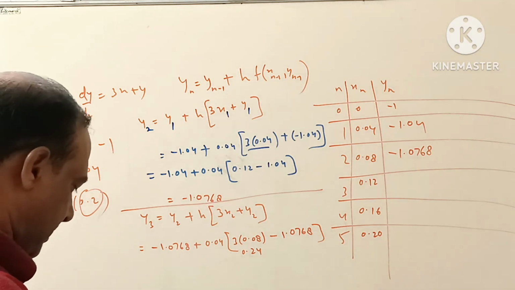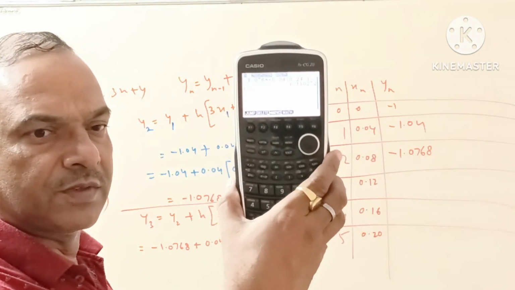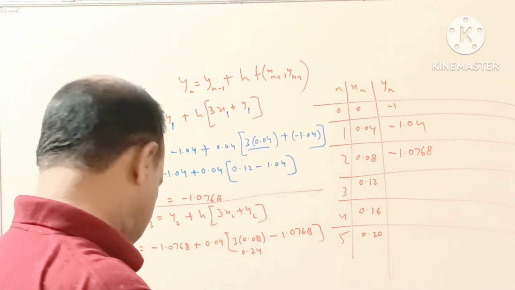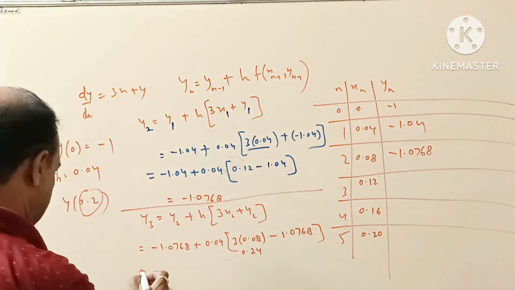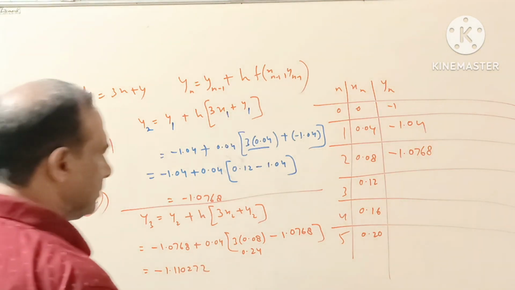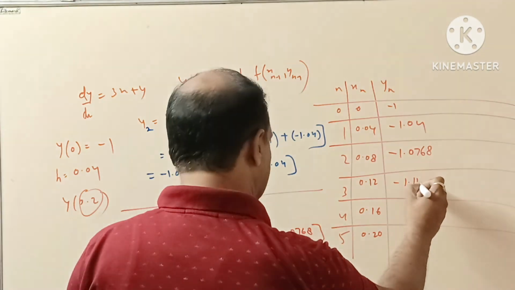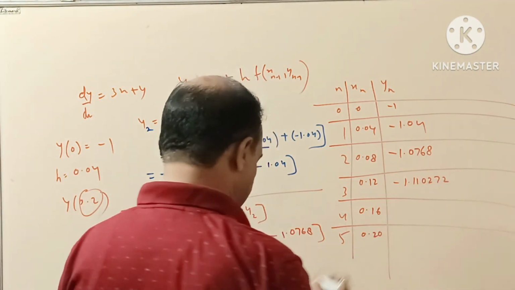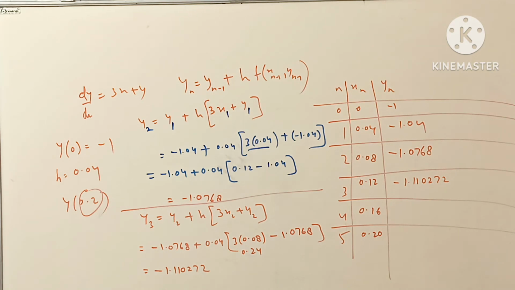Okay, and now this is your answer. The answer is minus 1.110272. The value of y3 is minus 1.110272. Fine. These are the values of y3, y2, y1 and y0. Now we are proceeding well.